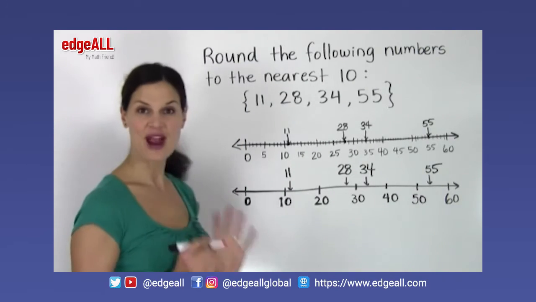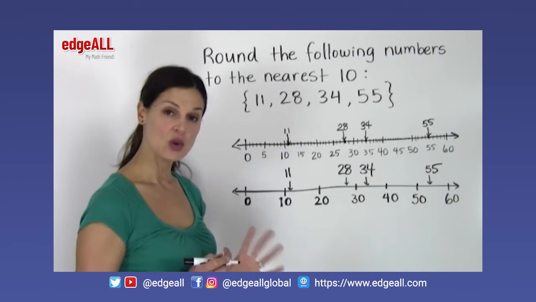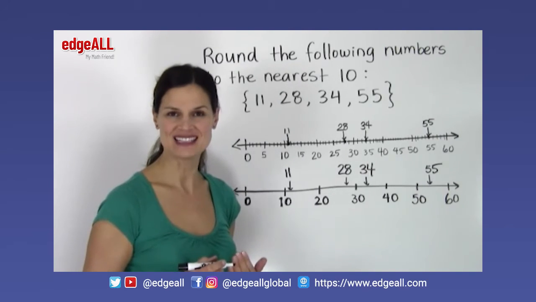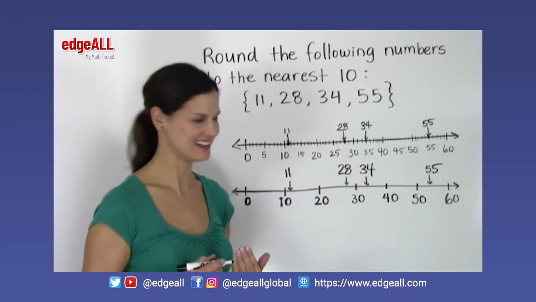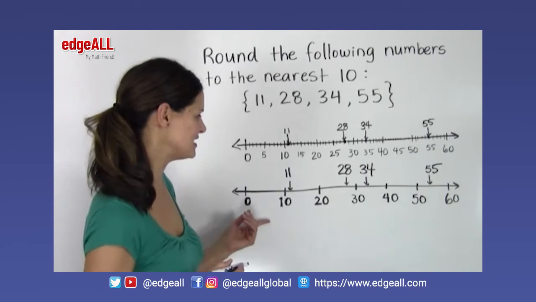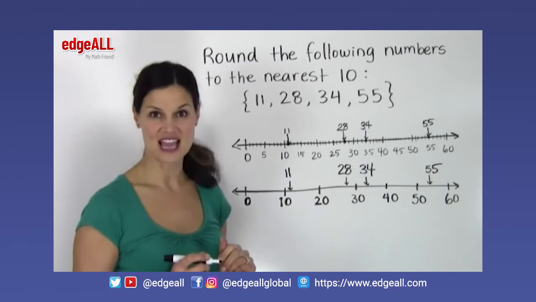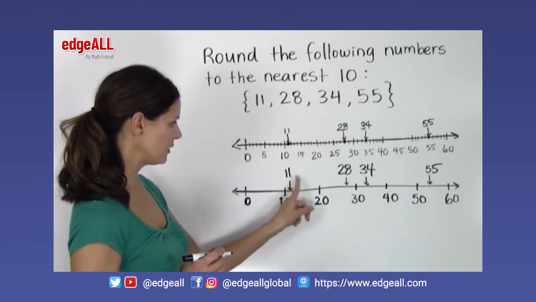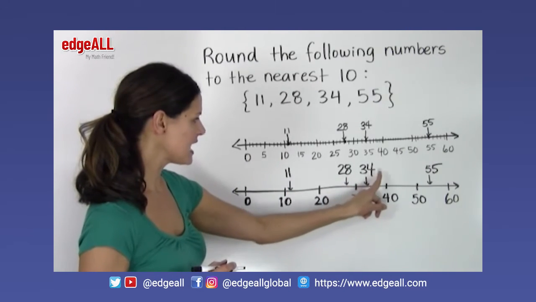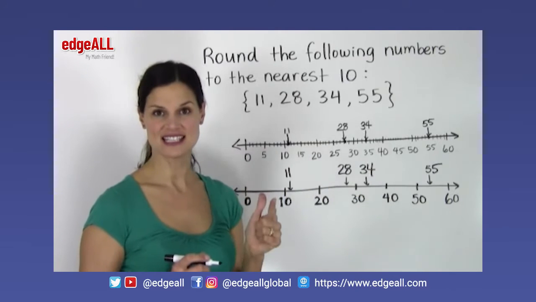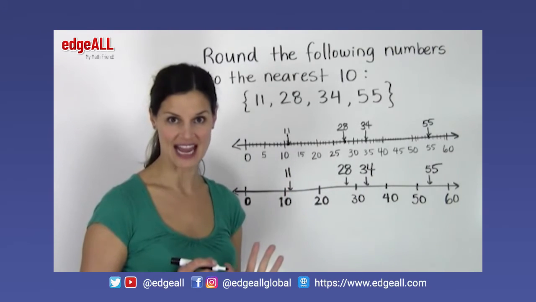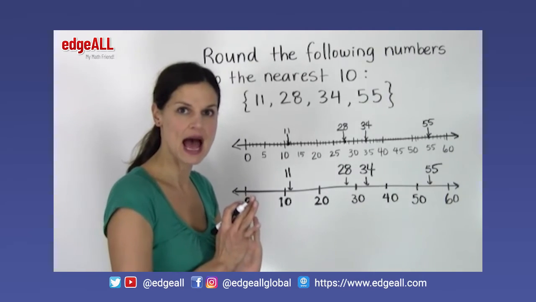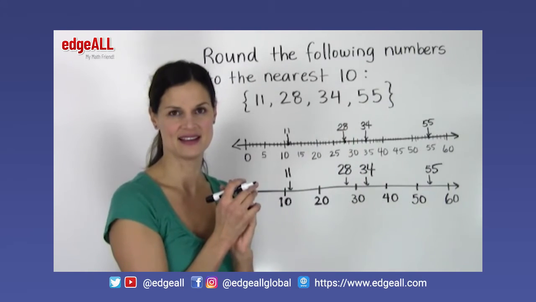To round these numbers, we are going to slide them to their closest multiple of 10. Before we do this, there are some rules that you need to know about rounding. If your number ends in a 5, 6, 7, 8, or 9, you are going to slide it up on the number line.